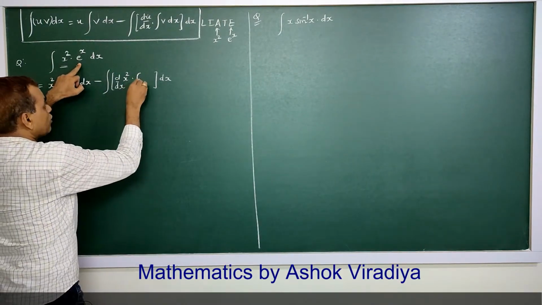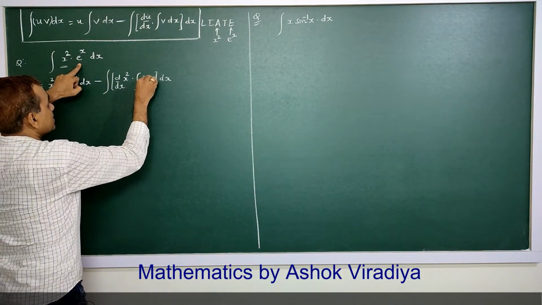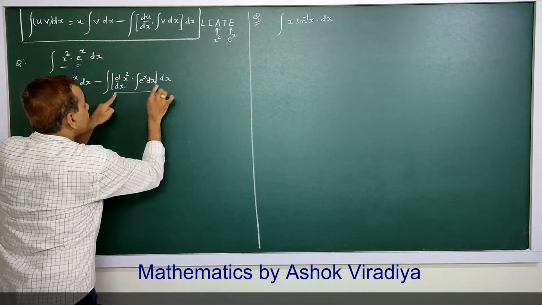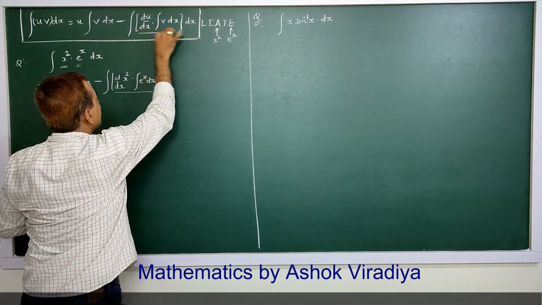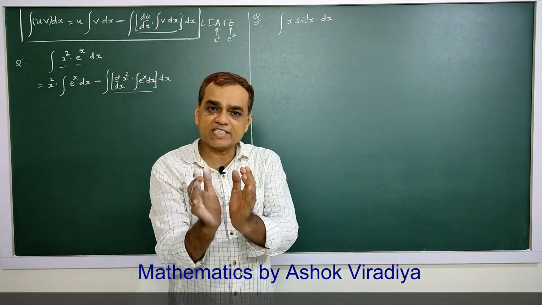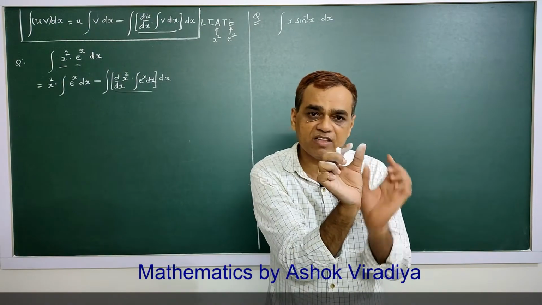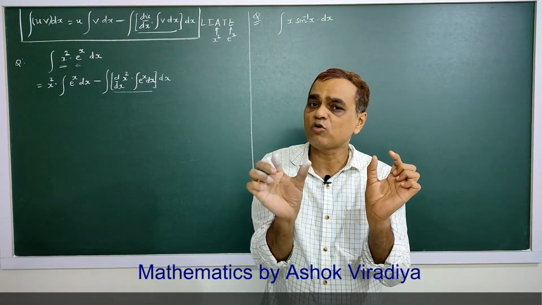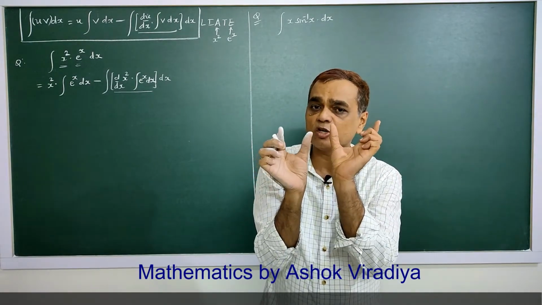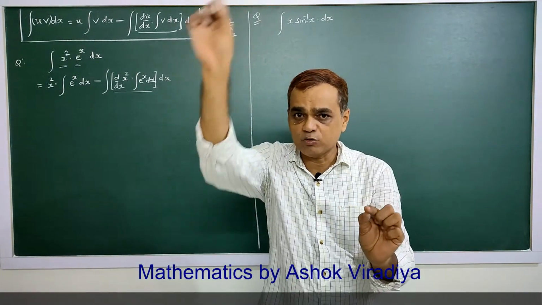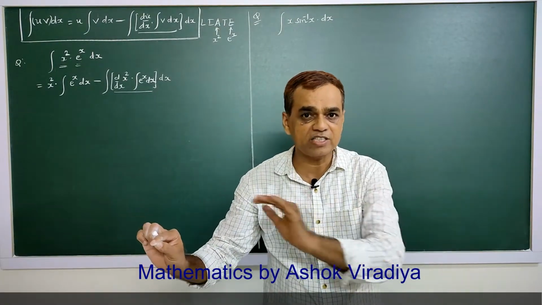In the box we put du by dx into integral of v with respect to x. So the product of the derivative of u and the integral of v, and then its integral with respect to x, is the second term.